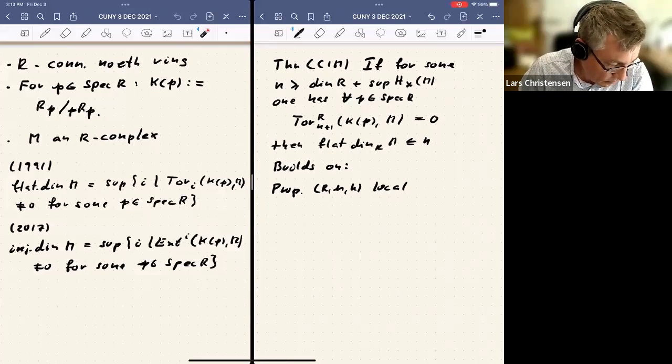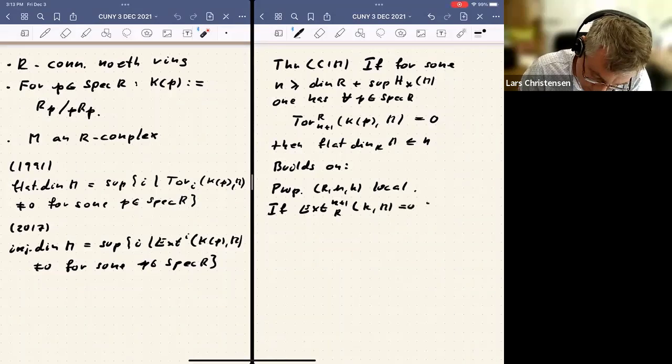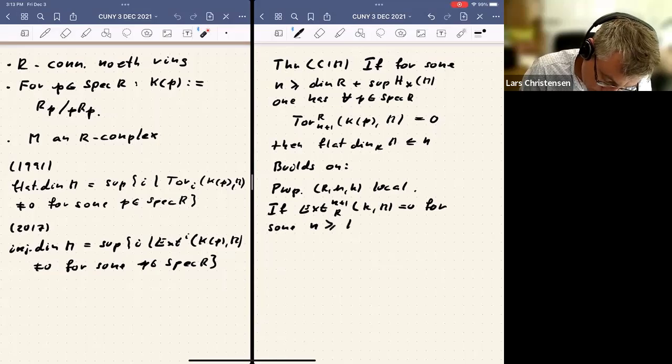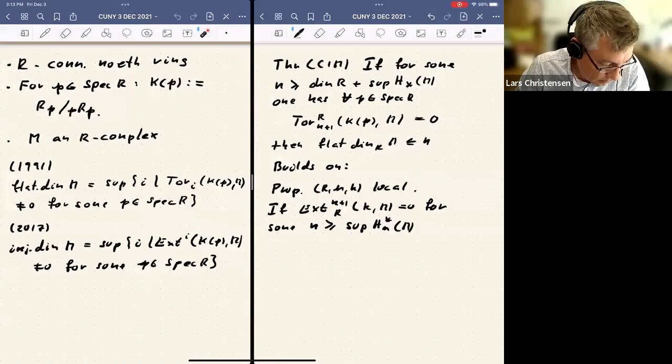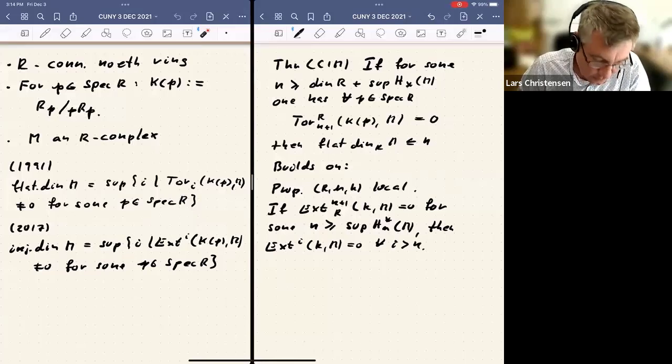And so if Ext n plus 1 over R of k comma M is 0 for some n greater than or equal to the supremum of the local cohomology of M, then Ext i over R of k comma M is 0 for all i greater than n. So that's where it comes from.